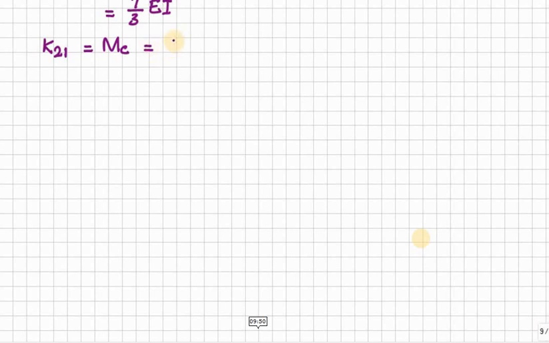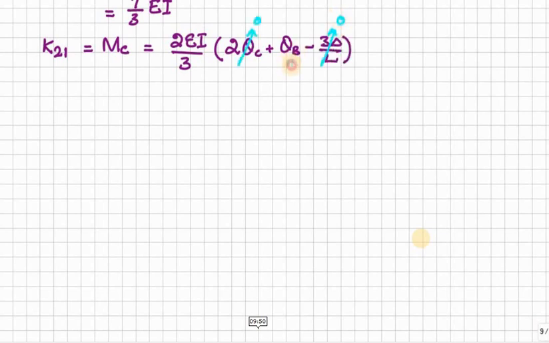So no need to repeat the calculation for K12. So this is again using the slope deflection equation. So 2 by 3 into EI.